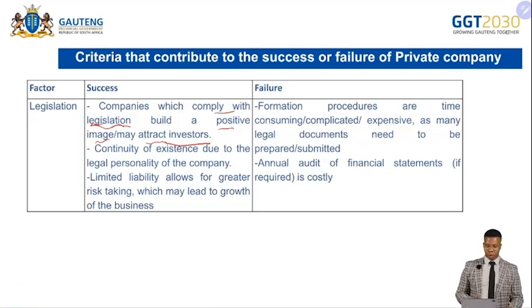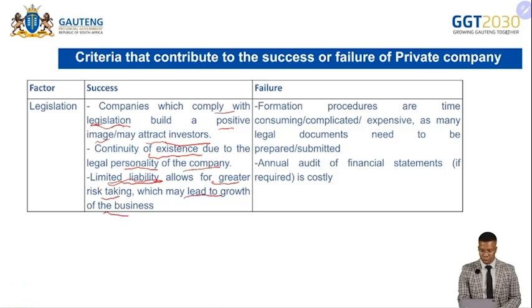Then they also have a legislation which has to do with continuity of the existence due to the legal personality of a company, and shareholders have an advantage because there's limited liability, which allows for greater risk taking, which may lead to growth of the business.